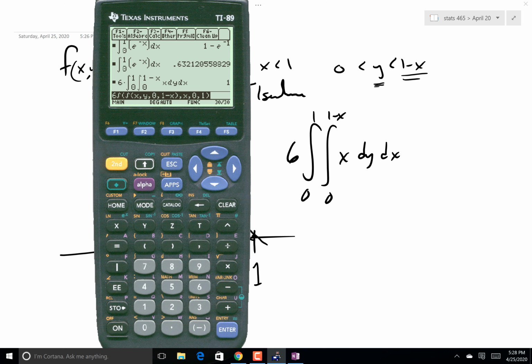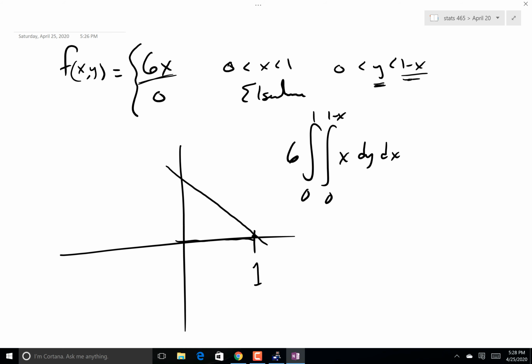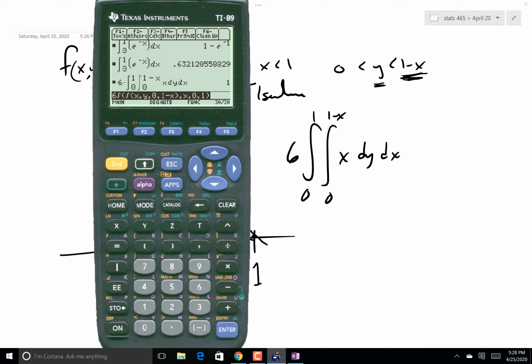Yay, it worked. All right. Now, what do they want us to do on this problem? Well, they would like us to show that x and y are not independent. Well, I pretty much already did because the boundaries there depend on one another. But I can do it. I can make this happen, friend.